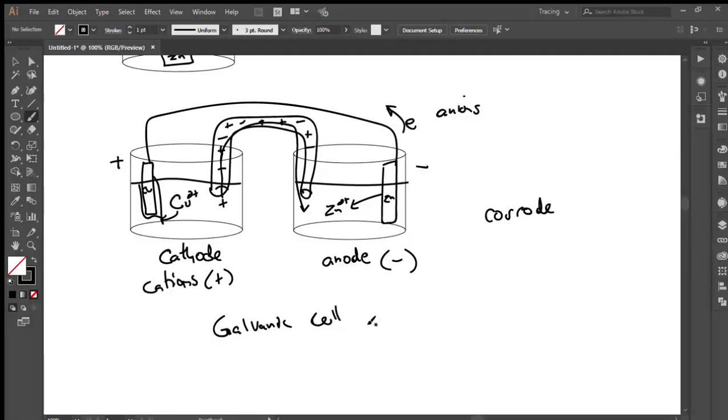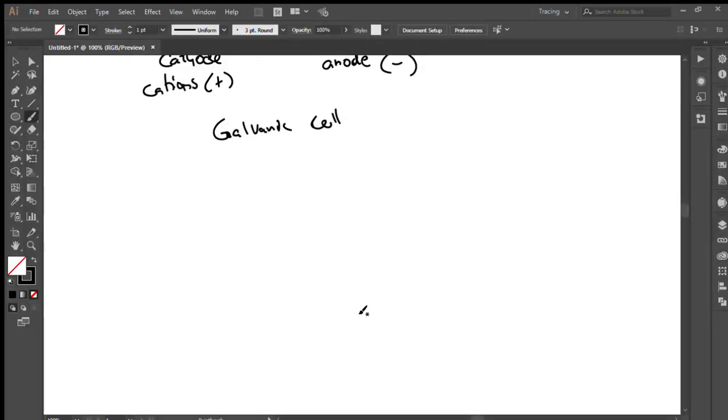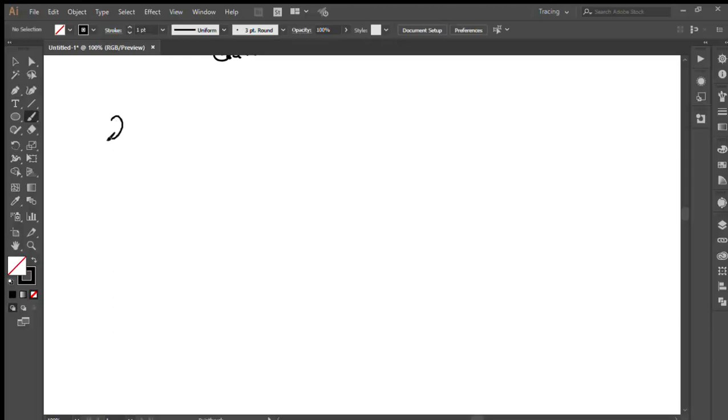Okay, so let's take a look at how they set up some cells here. So on page 575, they have another reaction here. They use silver. Can you guess why we don't use silver in batteries? Because it's expensive. Okay, it has a positive charge, it's aqueous.